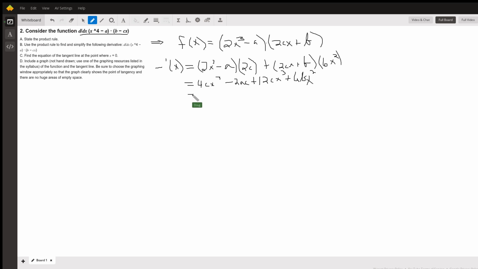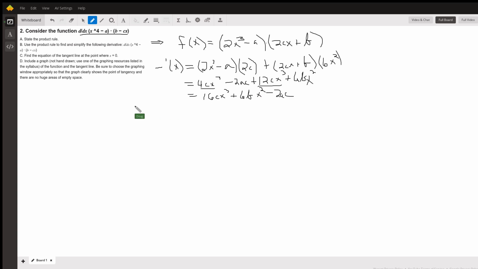And finally, we can combine these two terms because they are similar terms. So we've got 16cx cubed plus 6bx squared minus 2ac.